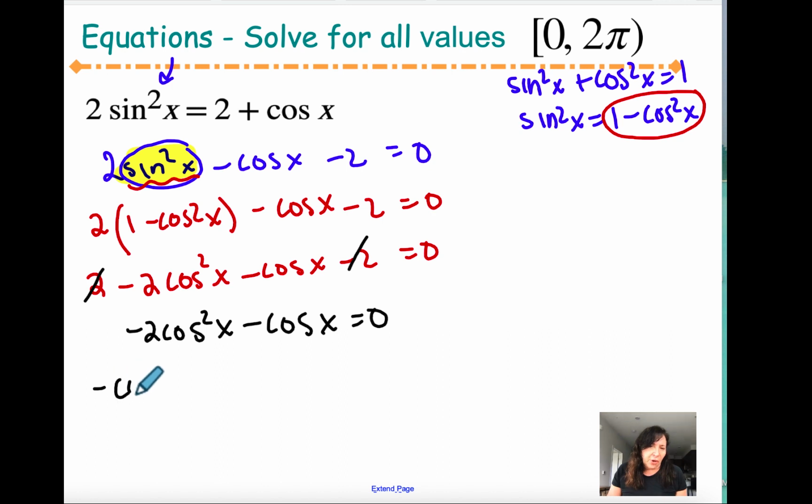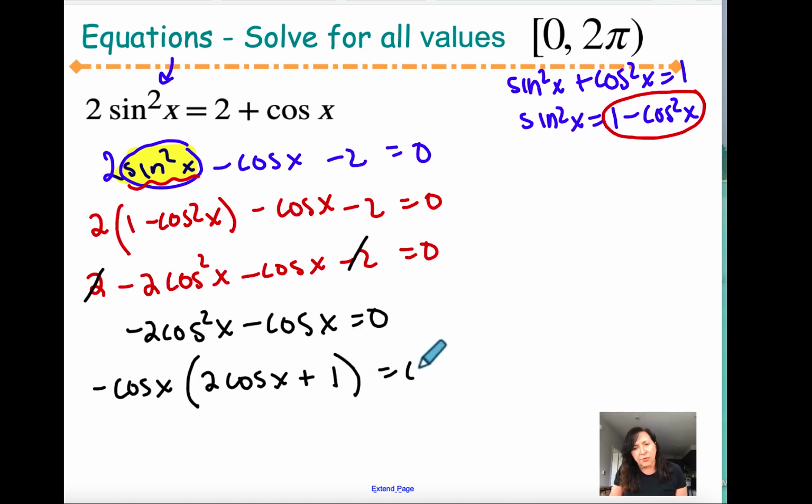Negative cosine of x times, we're going to have 2 cosine of x. I factored out a negative, so that means plus 1 equals 0. Now let me make sure. Negative times positive is negative. Negative times positive is negative.